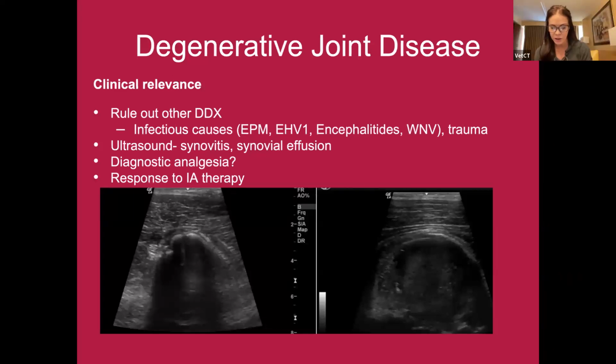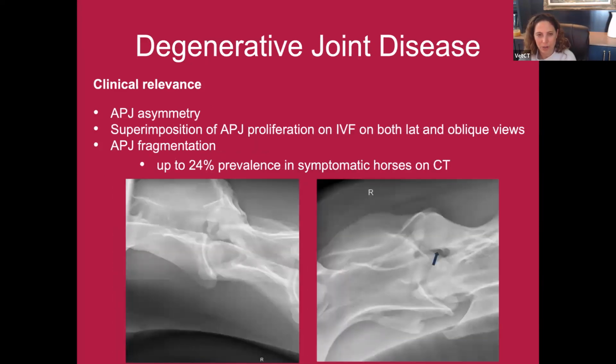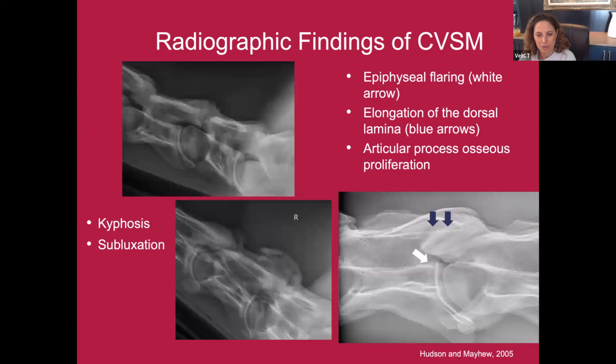Okay, next question. How clinically significant would you consider the ski jump appearance at the caudal physis? So not extremely. Most of the literature is very consistent with these subjective parameters: looking for the ski jump appearance to the caudal physis, looking for elongation of the dorsal lamina.